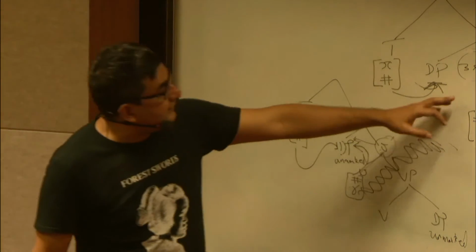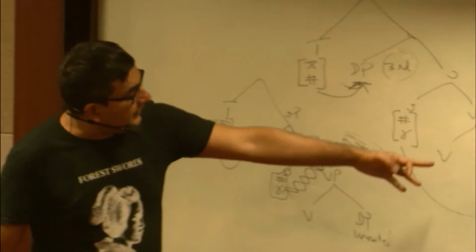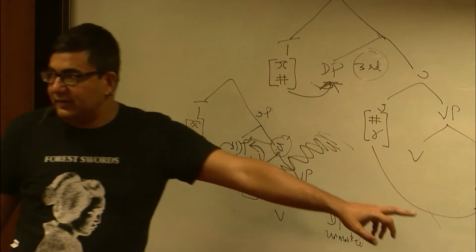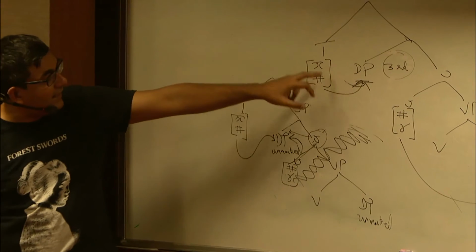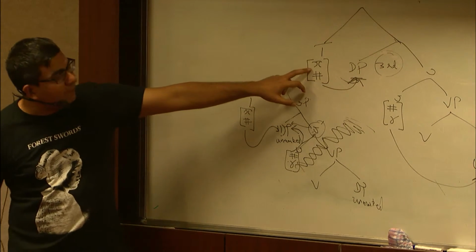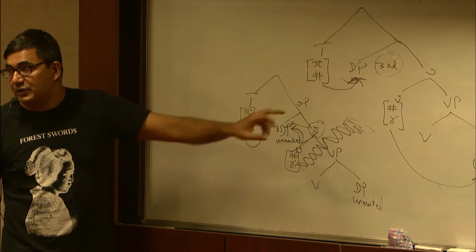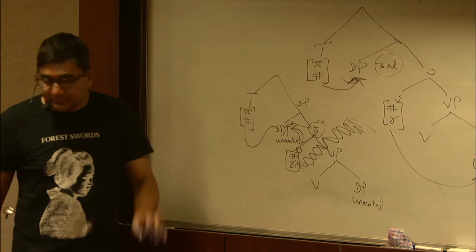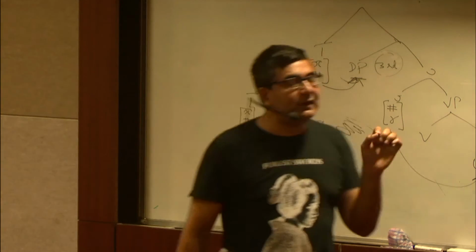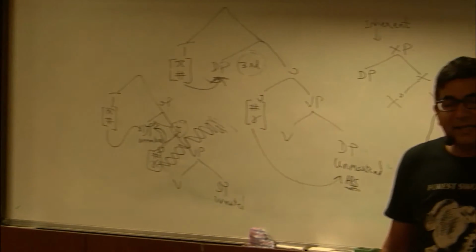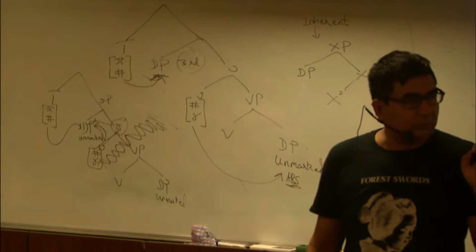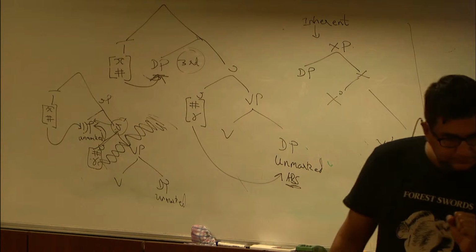While in this case, V can see the features of the object, it agrees with that, and so now T only has features of the subject, but only person and number, no gender. So this is something we are assuming, that independently of the probes that we put up there, T does not have a gender probe. Okay.